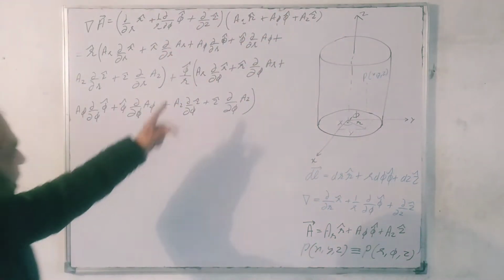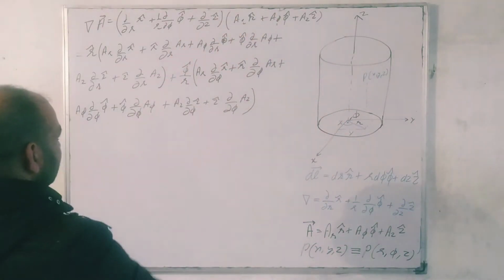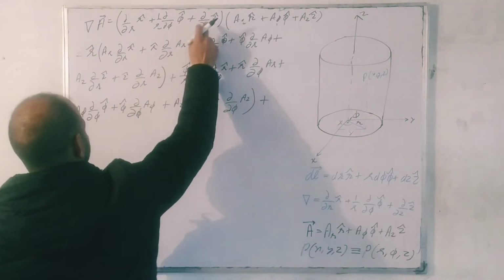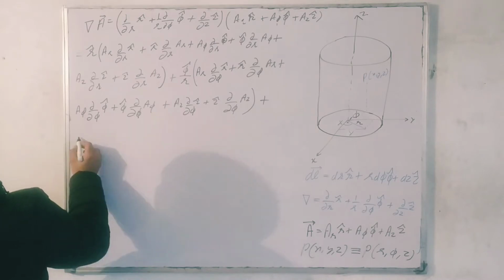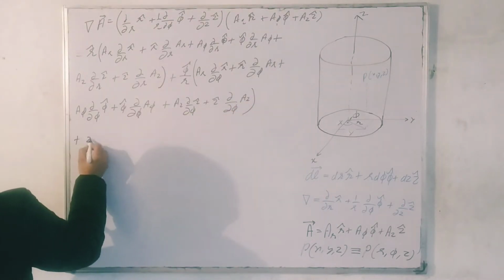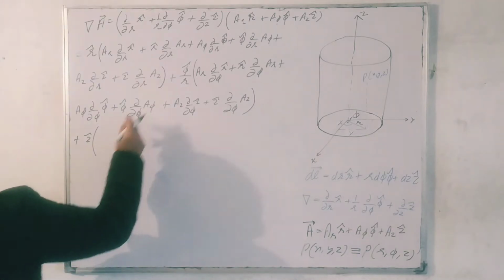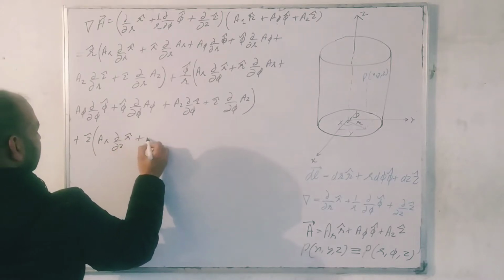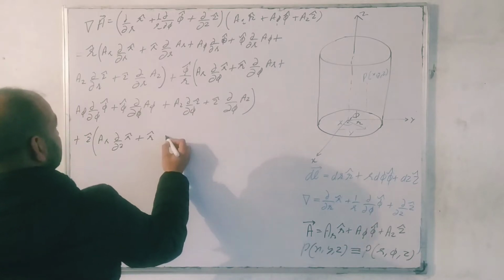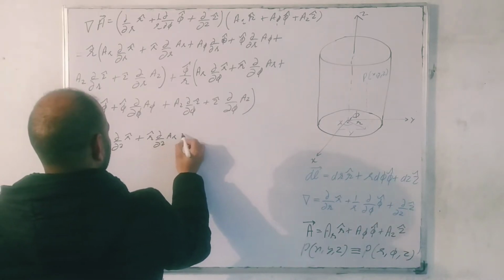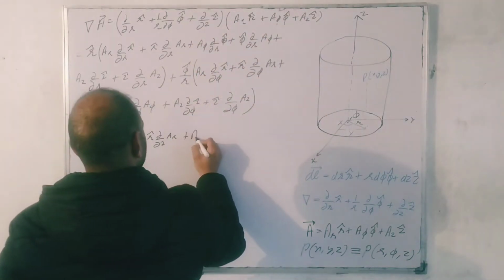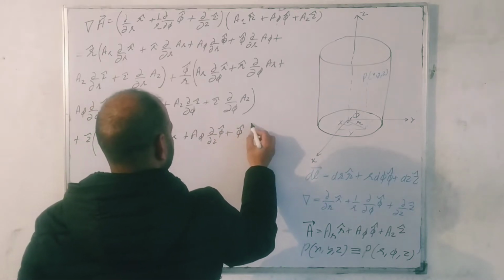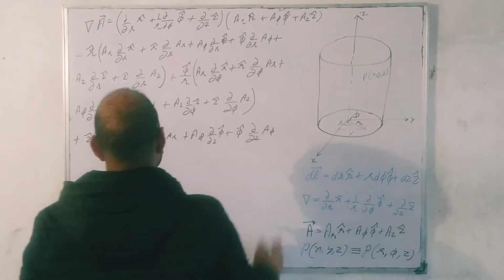Next we will operate this particular operator on this vector. So it will be plus, I am writing here, Z cap is going to be common, so I am writing Z cap here plus Z cap, it is going to be this on this one, so it is ∂AR/∂Z R cap plus R cap ∂/∂Z AR plus this on this one, ∂Aφ/∂Z φ cap plus φ cap ∂/∂Z Aφ.